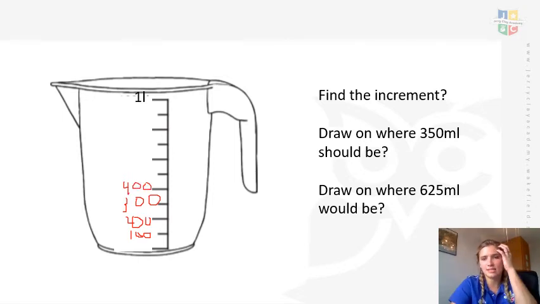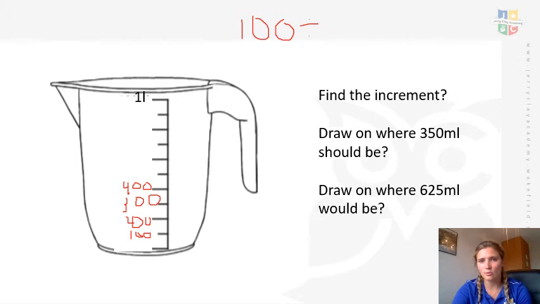So if I have a look to see where 350 will be, I know that between each line is 100 millilitres. Now I know if I do 100 divided by 2, or half of 100, that would equal 50. So I know that halfway between each 100 there will be something 50.